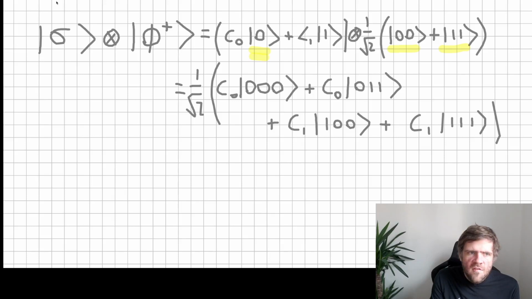Okay, so if we now collect terms and rearrange this so that the first 2 qubits are expressed in the Bell basis, then we can see that this term and this term are going to be involved with the phi parts because they're correlated.